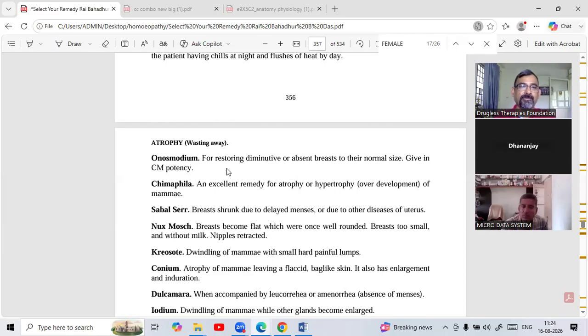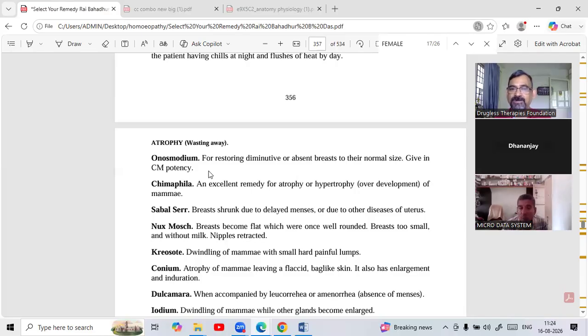Wasting of the breast. When the breast is supposed to come at puberty, it should come, but it is not there. Then onosmodium is one of the remedies. And I have to add one more remedy here.